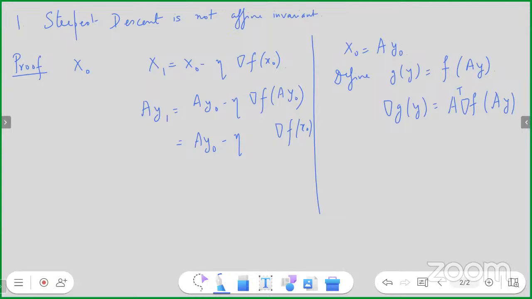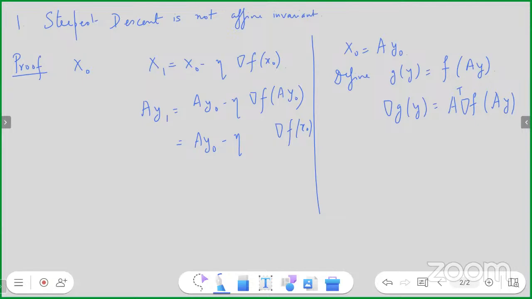First of all, you have to prove that Ay1 equals x1. That's precisely what I'm saying, but we are not doing it. If we just follow the formula that y1 is updated as in the previous formula, y1 equals y0 minus eta gradient of f at y0, and if we get an A inverse there, then we can take the inverse to this side and make it x1.